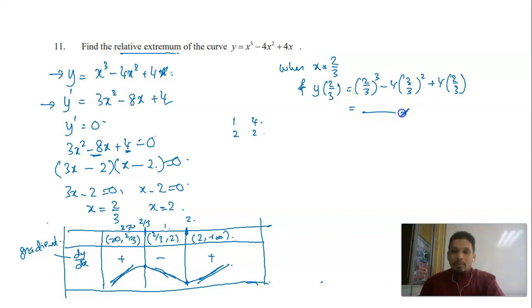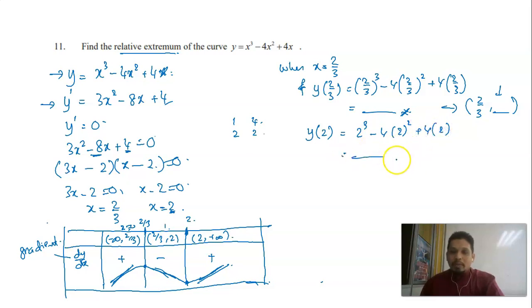So once you get the value of this, list down 2 over 3 and something here is the coordinate of this stationary point. And also for x equal to 2, the second value of x here, then 2 cube minus 4 times 2 squared plus 4 times 2. Okay, you got the value here. So this is the second coordinate, 2 and something here, of the stationary point for this graph.